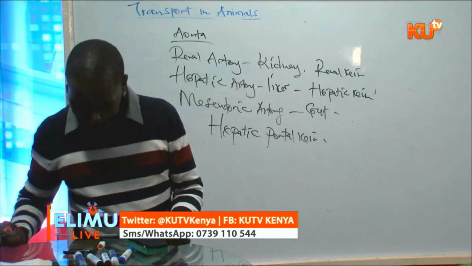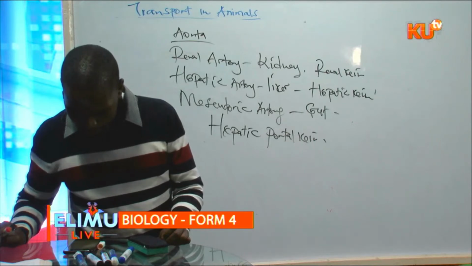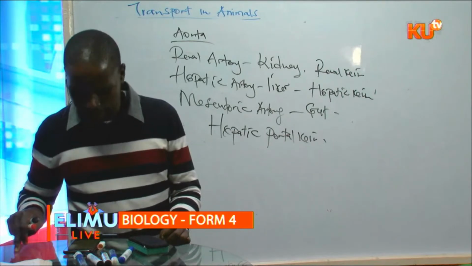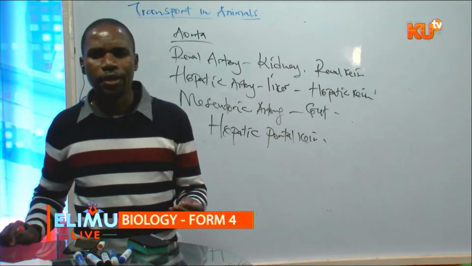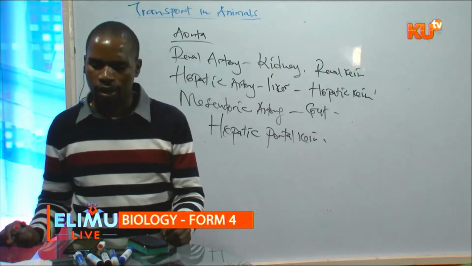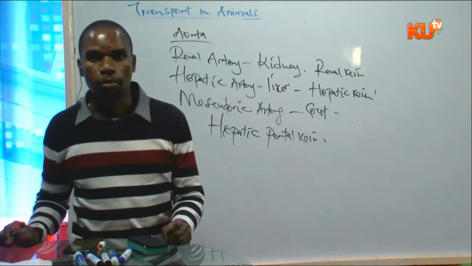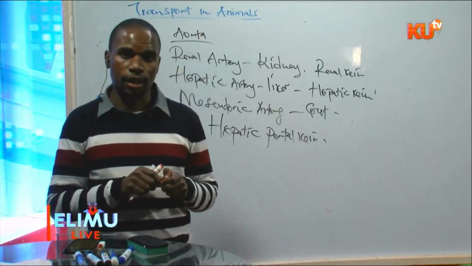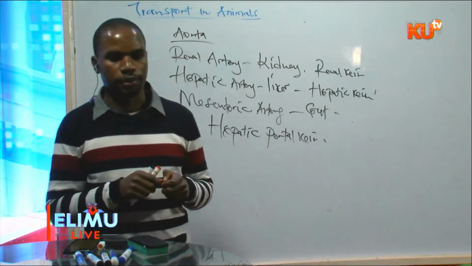Another question is here. Give 2 reasons why a transport system is necessary in higher animals. Now, why do we need a transport system in higher animals? You ought to know that within our bodies, because we are higher animals, there are biochemical reactions occurring.